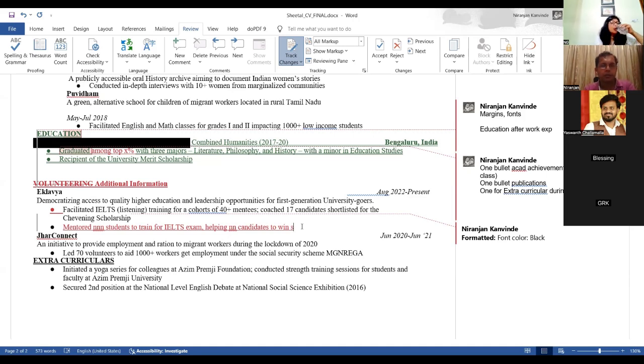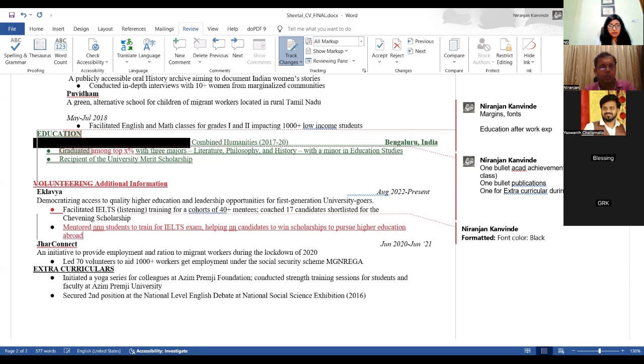Win a scholarship to pursue higher education in top British and whatever universities, higher education abroad.